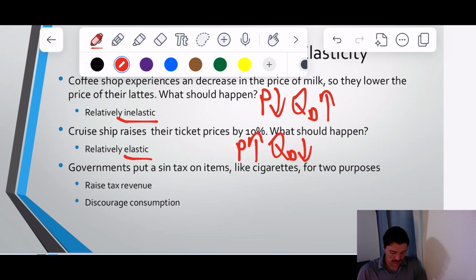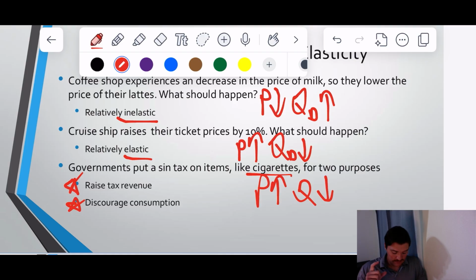Here's another example of elasticity. Governments will put a sin tax on certain items, like cigarettes. What they're trying to do is raise prices to lower quantity, and they're really trying to do this for two reasons: raise tax revenue, so they want more money for the government, and also discourage consumption.